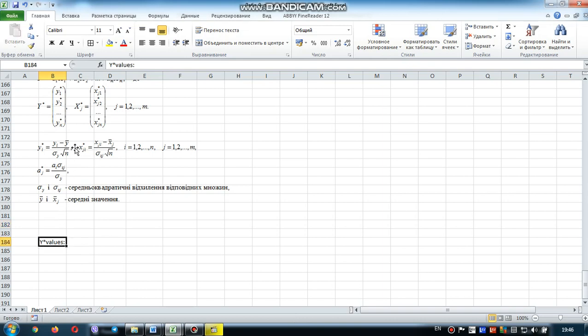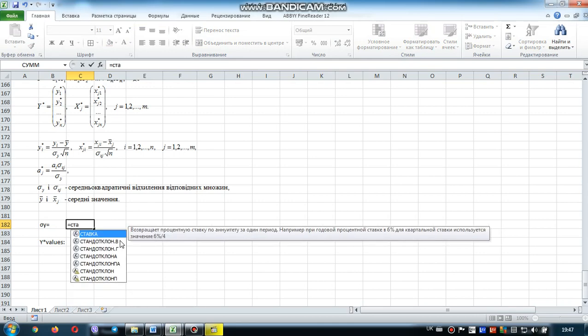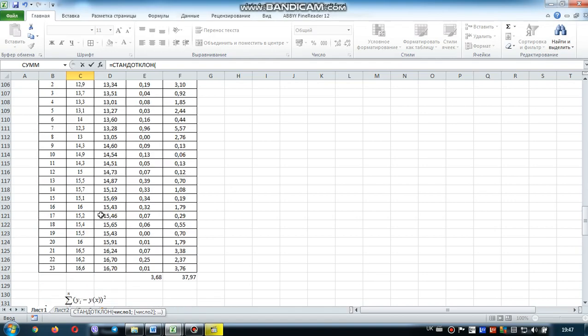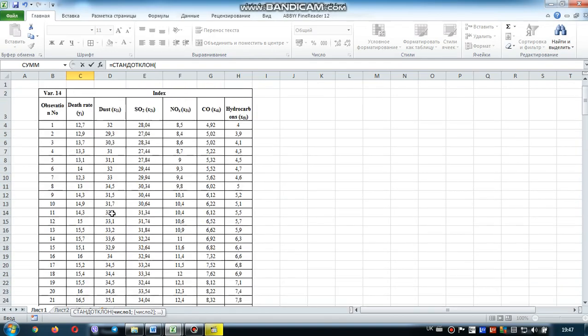To determine these values, you have to know the sigma value and the average y value. This is standard deviation of the y values.